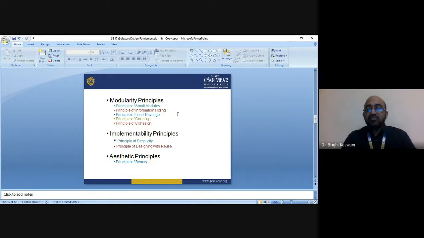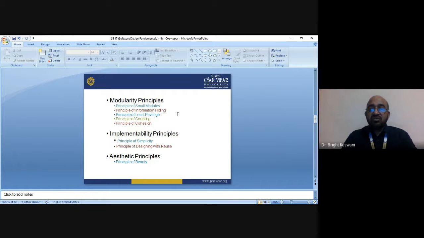So what does the principle of coupling suggest? Module coupling should be minimized. What is the principle of coupling? Module coupling should be minimized, because coupling is basically the interrelationship between two modules.